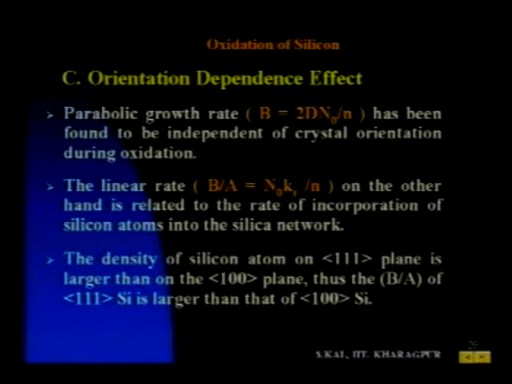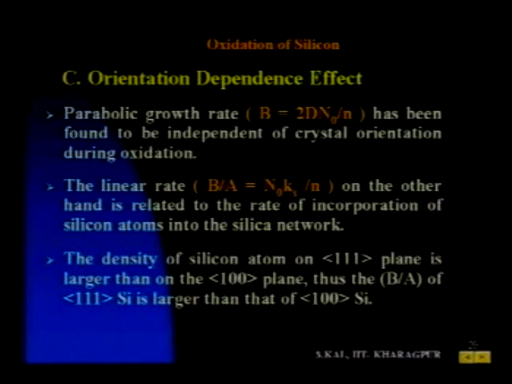The linear rate B by A, on the other hand, is related to the rate of incorporation of silicon atoms into the silica network. These are the effects on the parabolic growth rate constant and linear rate constant of crystal orientation.